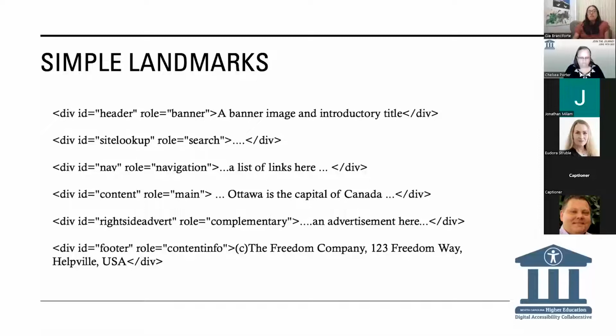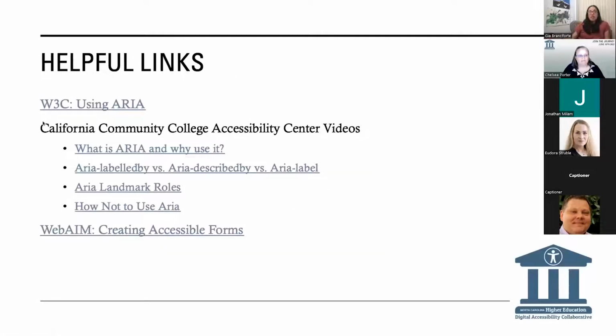I'll often add, for example, role complementary, and that will indicate that this is information that is complementary to the information on the page, even though it's not where it predictably would be, somewhere like a banner. So that's the quick and dirty about landmarks. Like I said, here are those links at the end.